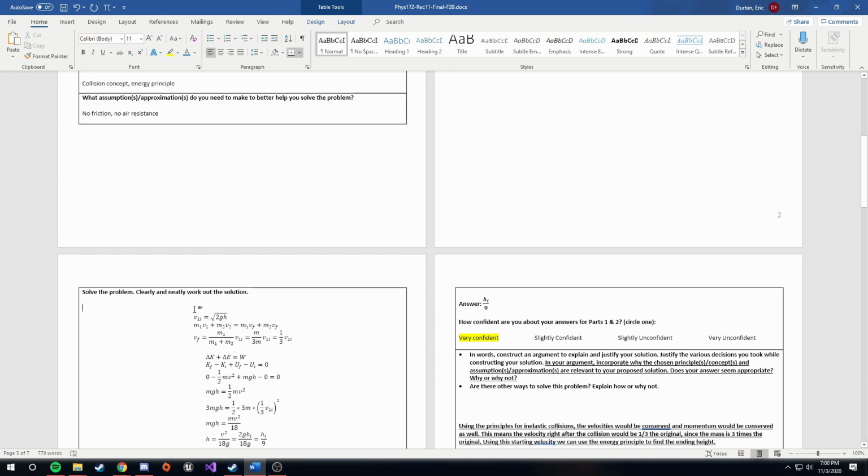Solving for the final velocity for both of them is just the mass of the first one divided by the sum of the masses multiplied by the original velocity. Because the second putty ball is 2 times the mass of the first one, the total mass would be three times the mass of the first one, giving a final velocity of 1/3 times the initial velocity.